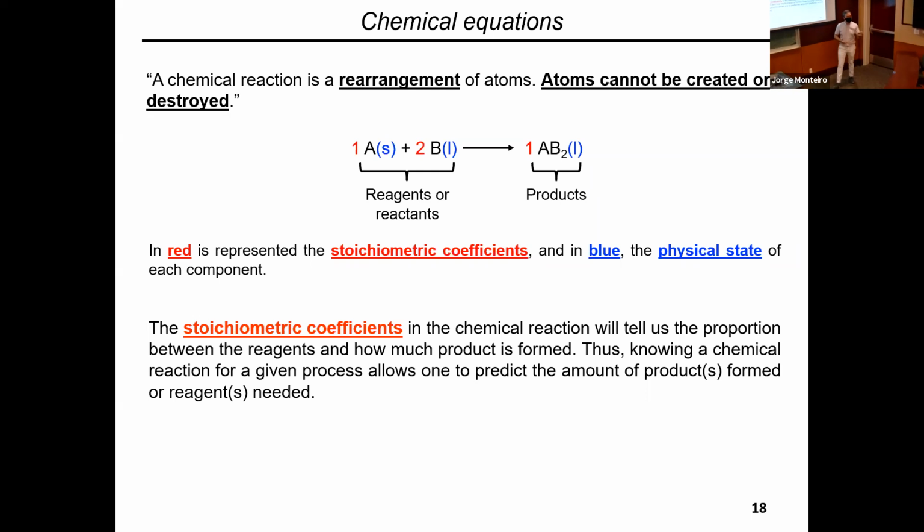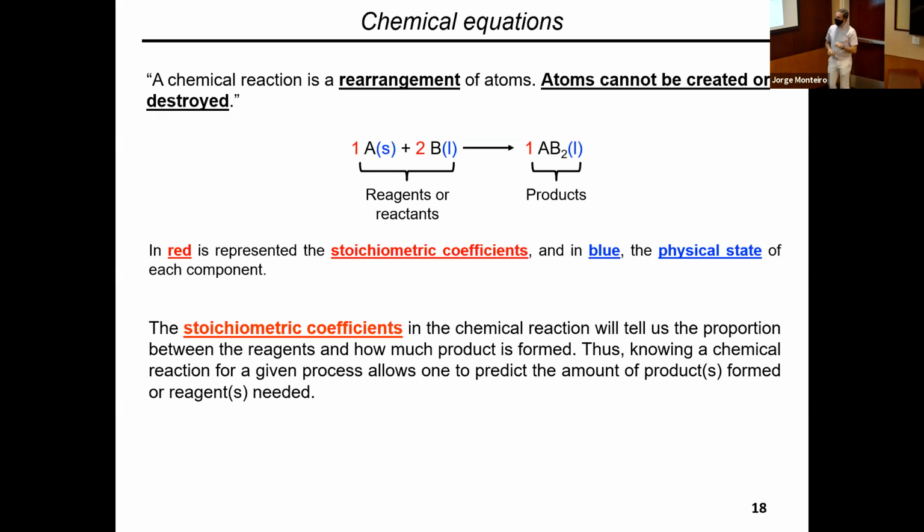We cannot lose or gain atoms on the way. Remember here, everything before the arrow are reagents or reactants, and everything after the arrow products. The numbers in red are called stoichiometric coefficients, and in blue is the physical state of each component.